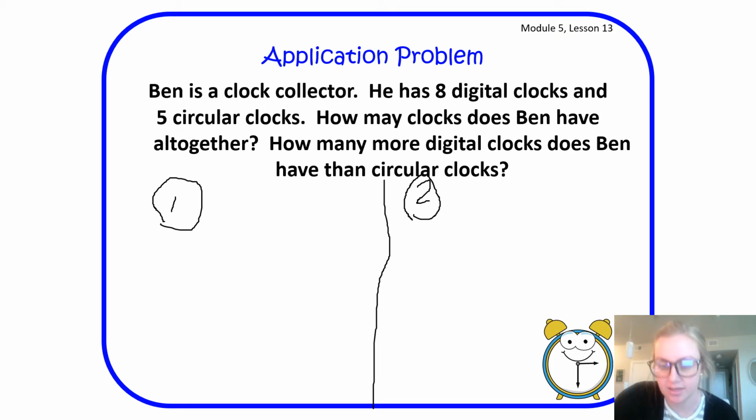So I'll give you a hint. One of these problems is a plus problem, and one of these problems is a minus problem. But we know the 2 numbers that we know are 8 and 5. Solve the 2 questions and then fill in the sentence stems on the bottom. So pause the video, complete your application problem, and come back when you're done.